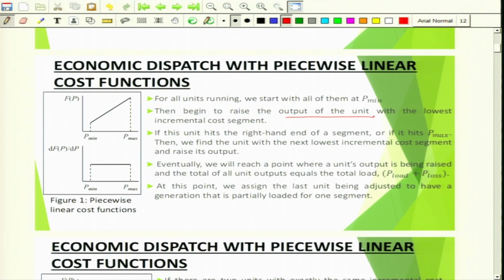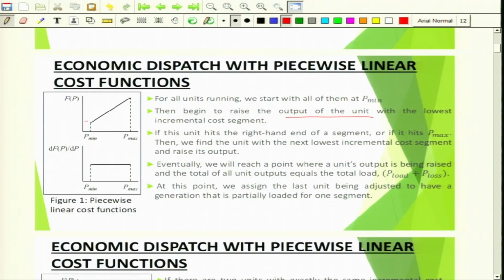That means there are so many generators, they have their individual incremental fuel rate characteristics df by dp. As you can see here, this is df by dp, this is a fuel characteristic, and it has its own minimum and maximum value. And the incremental fuel cost rate for this function is constant, because the derivative of a linear function is a constant.